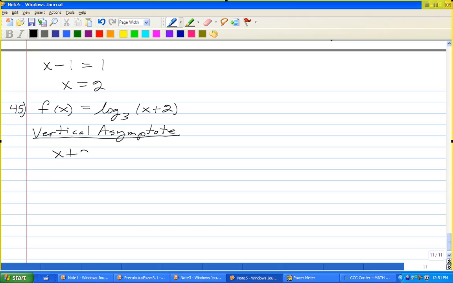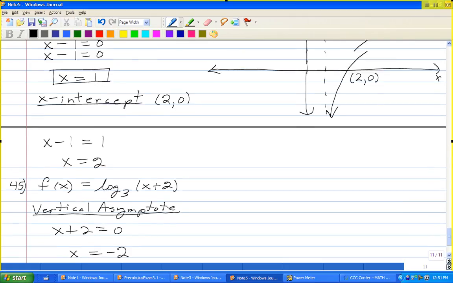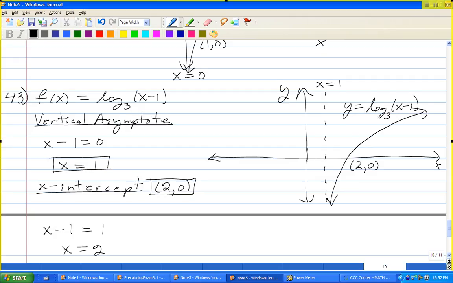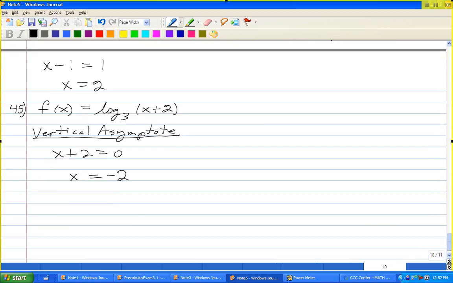Set x plus 2 equal to 0. So the vertical asymptote has the equation x equaling negative 2.